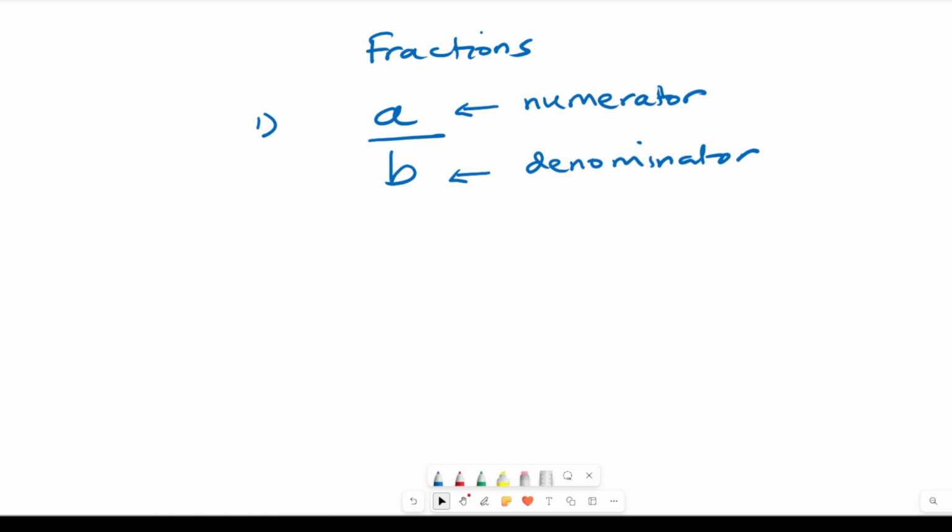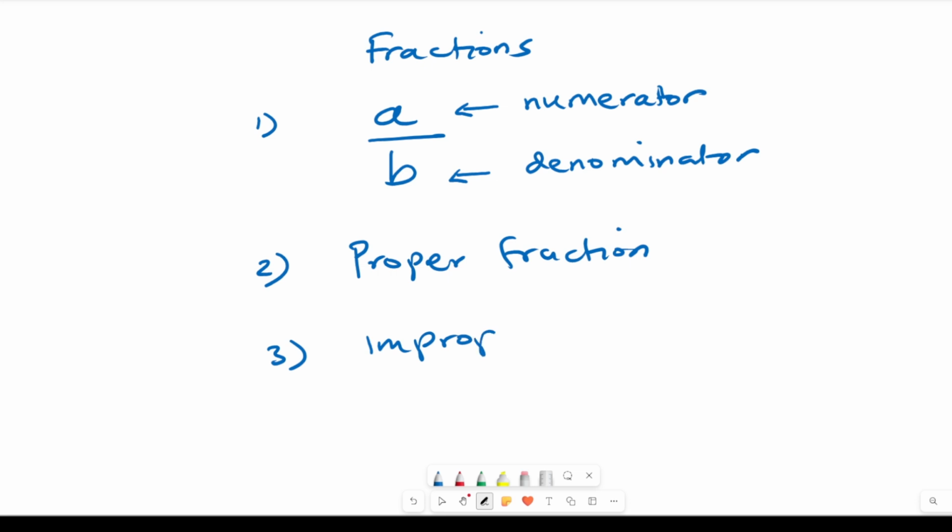So that's the first part of terminology in a fraction. 2, we have what we call proper fraction. So I told you that in life, things are usually in opposites. So if we have proper fraction, then we definitely have improper fractions.